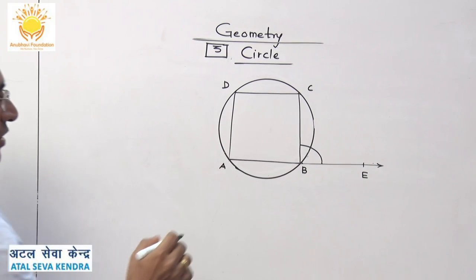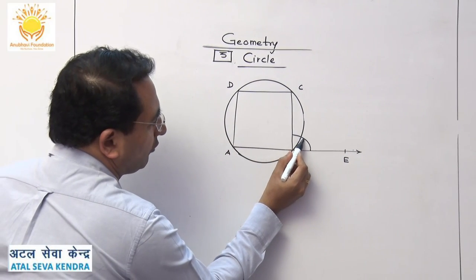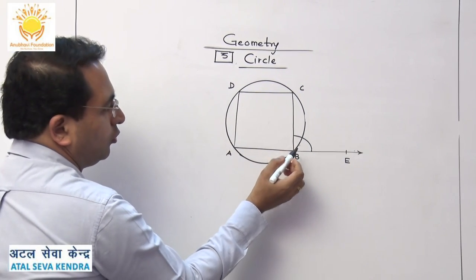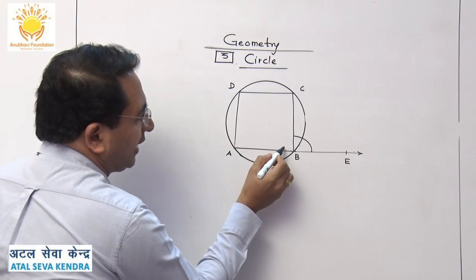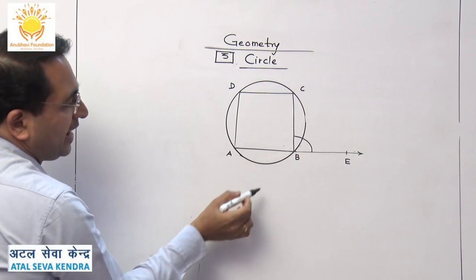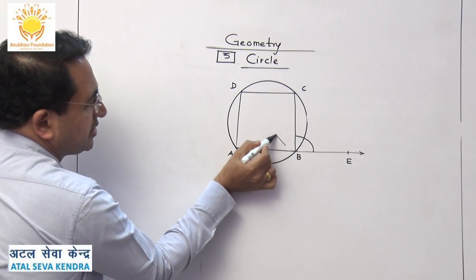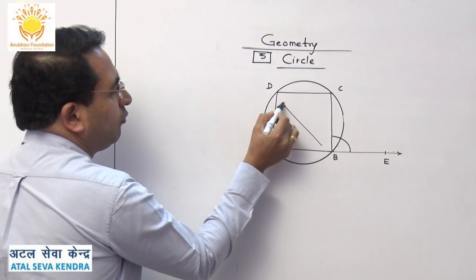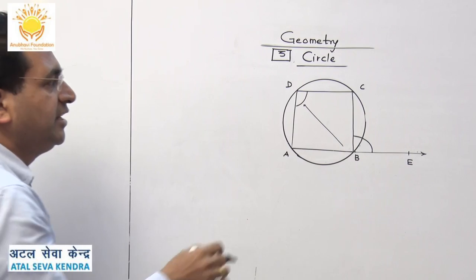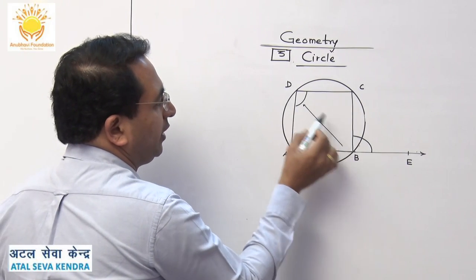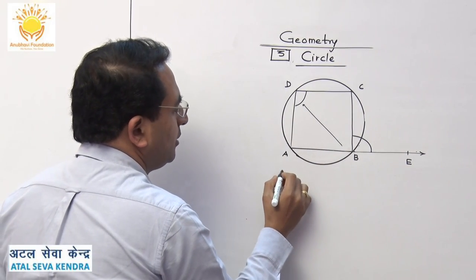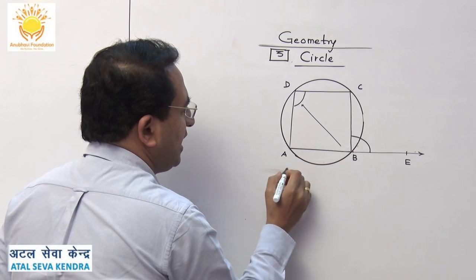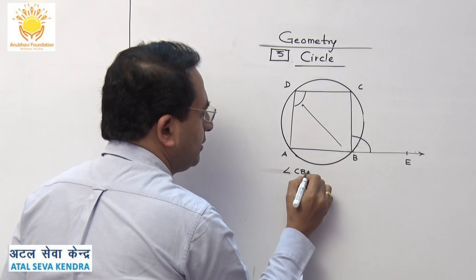Now focus on this. This is the angle we call the exterior angle. The adjacent interior angle is this, and the angle opposite to this is this angle. So it means these two angles are congruent. That is angle CBE.